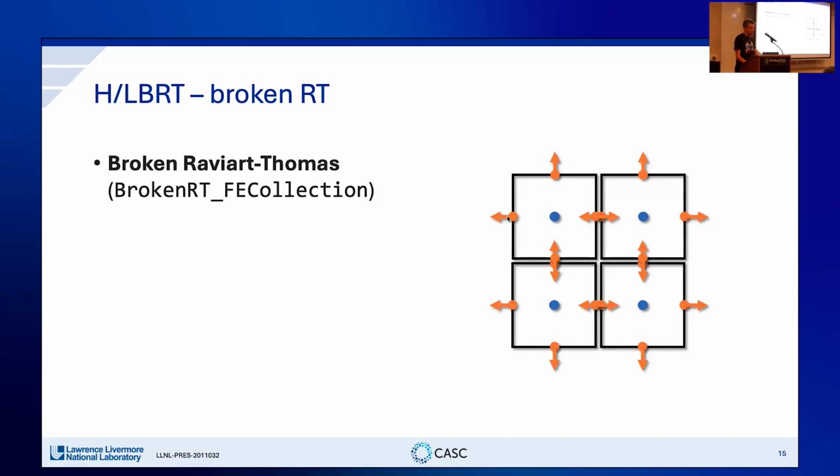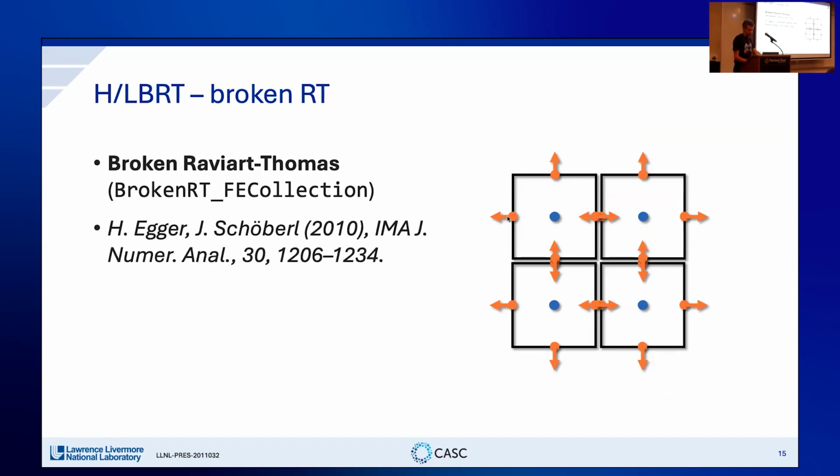There is also a way between these two approaches with broken Raviart-Thomas spaces. So the idea is we take that layout of Raviart-Thomas elements, but without the normal continuity at the facets. And the advantage here is that at least locally we have compatibility of the spaces.